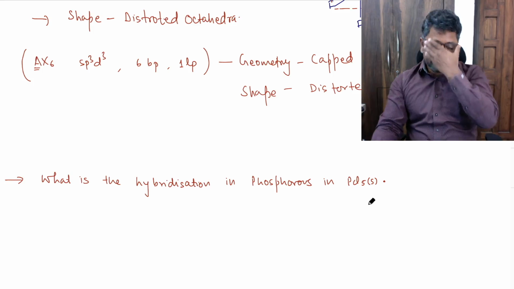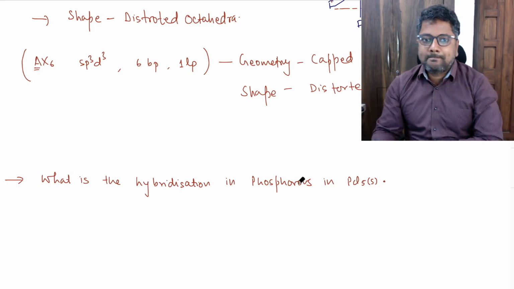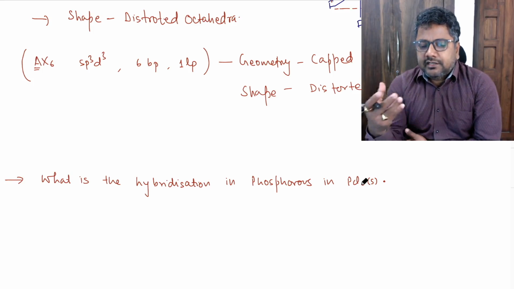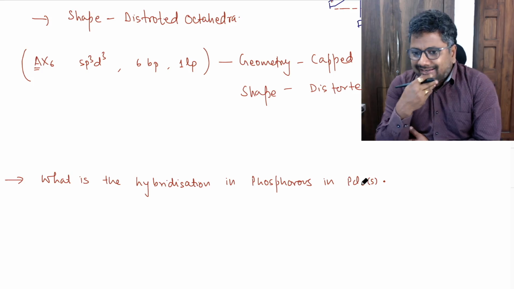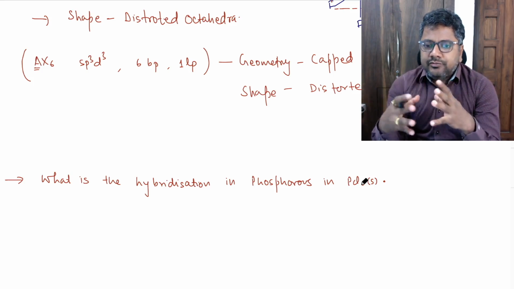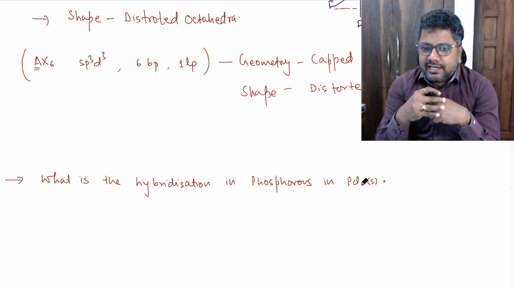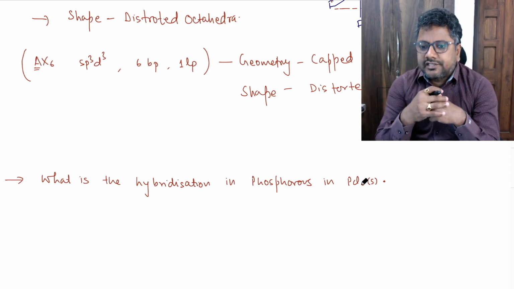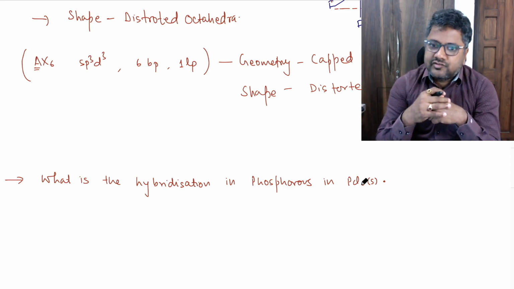So see, in solid state, many molecules change their state as per the requirement and energy of the system. So if you do not know what exactly this PCl5 exists as in solid state, you cannot answer such types of questions.